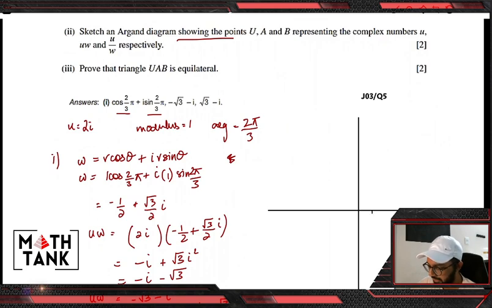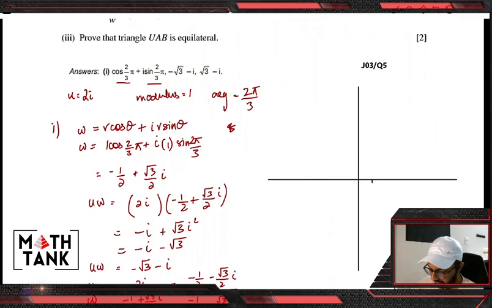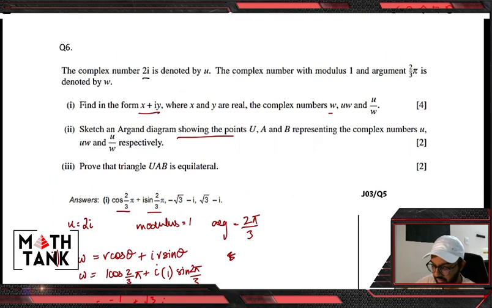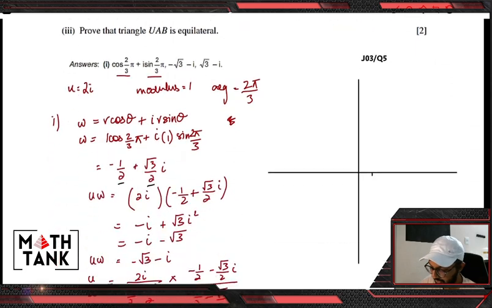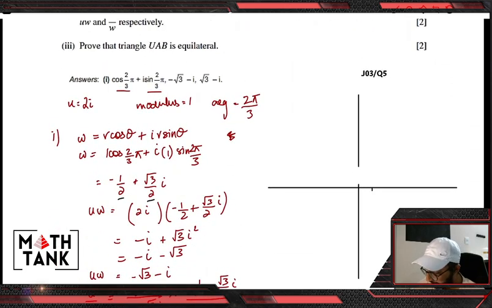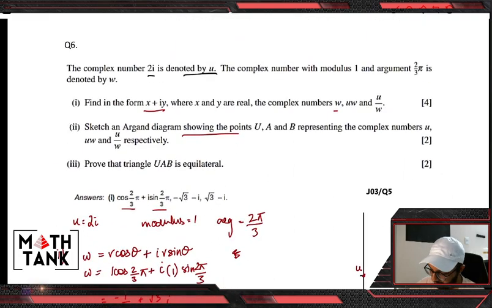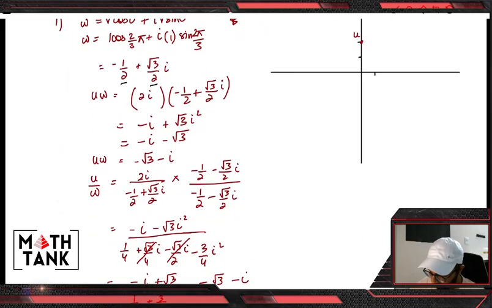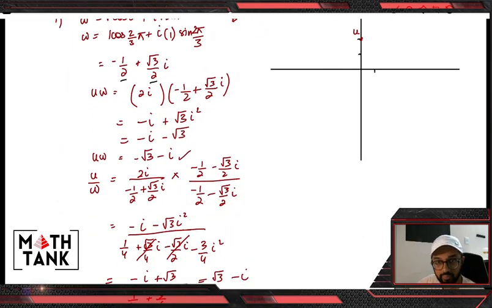Right now I don't have a ruler on this app, so I'm going to do it manually. First I need to plot u, so I'm just going to plot 2i. So that's u. Then I also have to plot A and B. A represents uw, so uw is this, minus root 3 minus i.